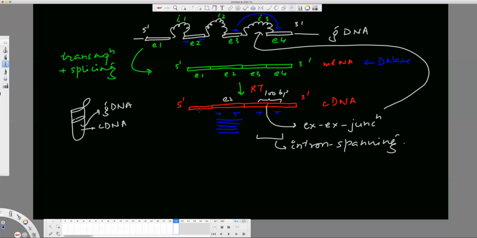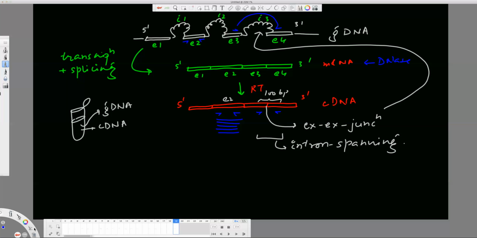Since most introns are pretty long compared to exons, your PCR may not amplify them, because it's not optimized for that: the number of cycles and the length of the amplification step in your PCR would not allow amplification of the long introns. But sometimes the introns are also small, or maybe your PCR conditions are optimized even for longer introns. So there is still a possibility that even these intron spanning primers can amplify the genomic DNA.